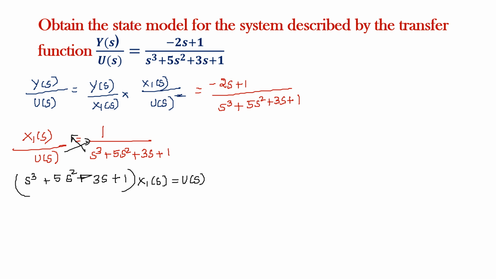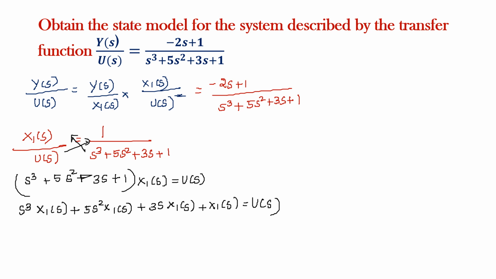Now expand this equation. We will get s cube into x1 of s plus 5s square into x1 of s plus 3s into x1 of s plus x1 of s equal to u of s.